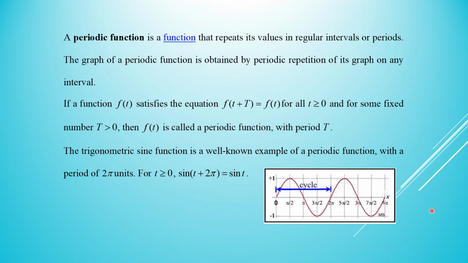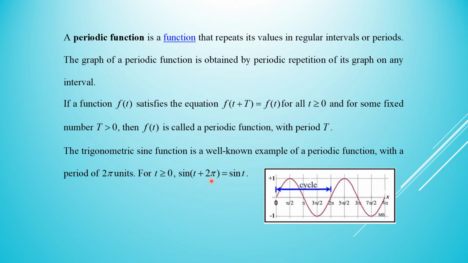Okay, so it seems that the period T is equal to 2 pi, alright, and we say sine of t plus 2 pi is equal to sine t. It means that the graph of sine t keeps on repeating itself after every 2 pi units.